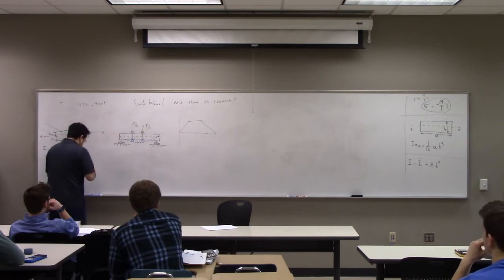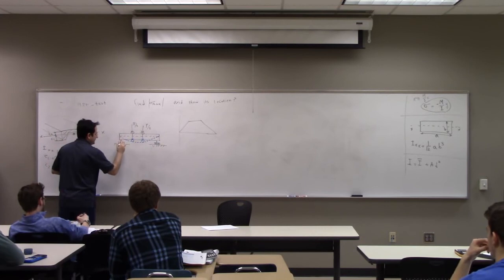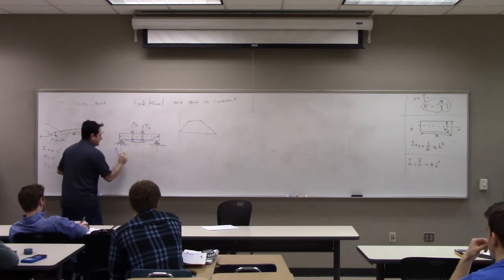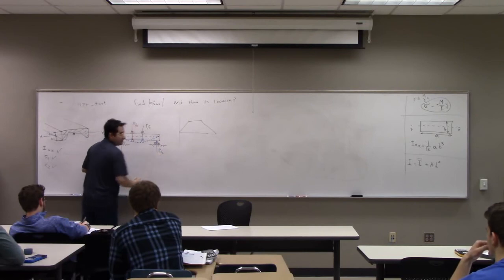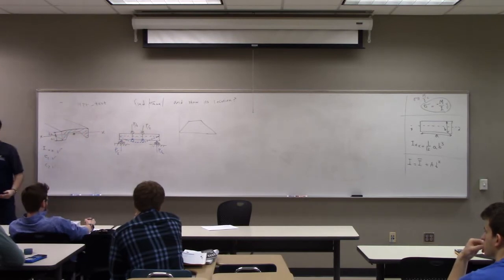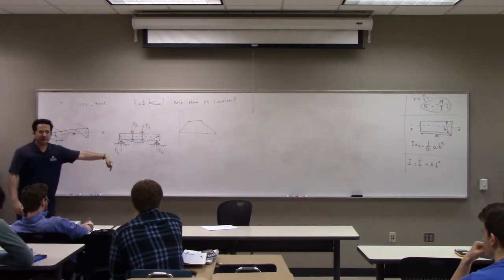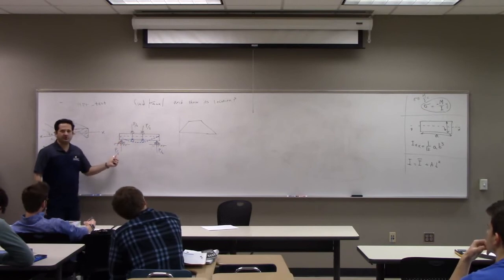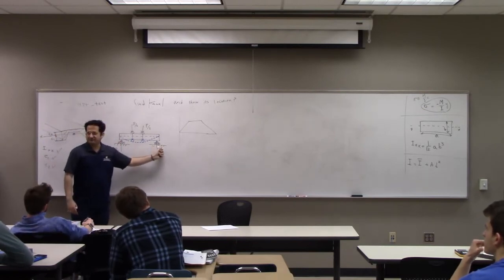First of all, the external reaction. What do I have here? P over 2, P over 2. If you don't believe it, just put AY, BY, and write sum of forces: AY plus BY is equal to P. Taking moments over the distribution, you realize AY is P over 2, BY is P over 2.